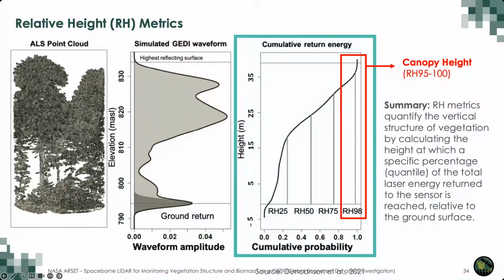So the RH metrics that we already defined, or that we're circling back to now, quantify the vertical structure of vegetation by calculating the height at which a specific percentage of the total laser energy returned to the sensor is reached relative to the ground surface. So as you can see here, canopy height is often defined as RH95, but can also be up to RH100 depending on the particular application.